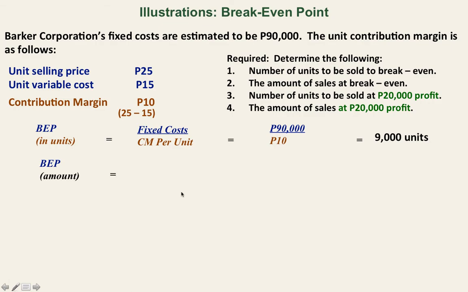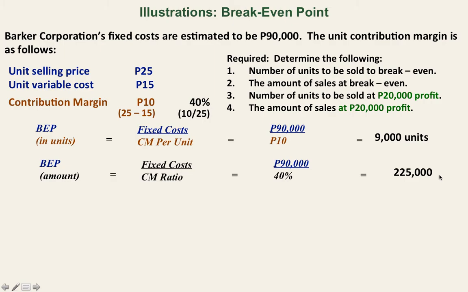And in amount, fixed costs over the contribution margin ratio. We can get the contribution margin ratio by dividing 10 over 25, which is the selling price. We will get 40%. So 90,000 divided by 40%, we will have sales of 225,000.